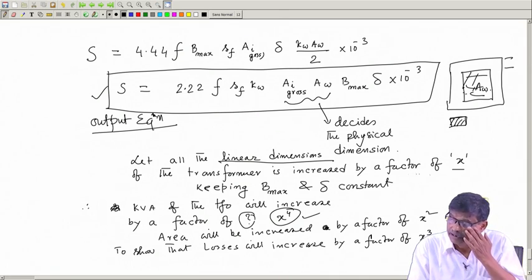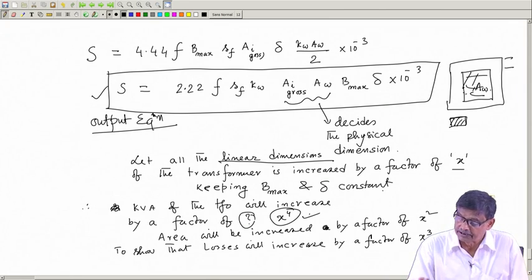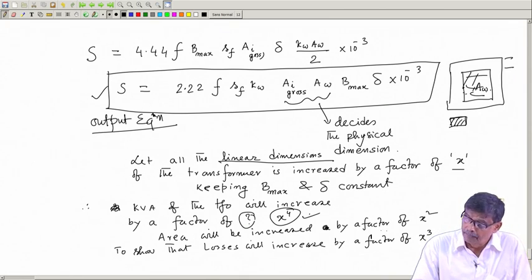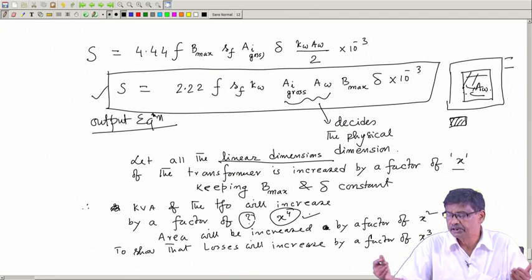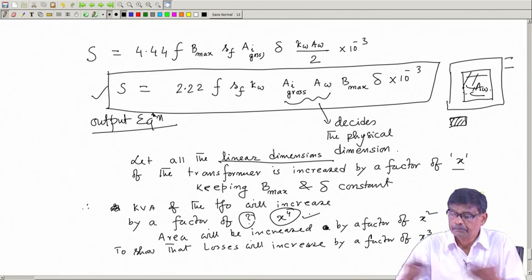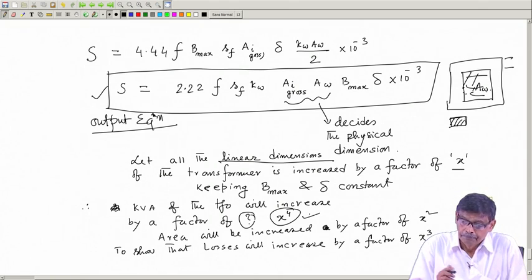So, this I must have written somewhere, kVA of the transformer increased by a factor of x to the power 4. Now, the surface area, overall surface area through which heat is dissipated into the atmosphere, that will also increase by a factor of x square.